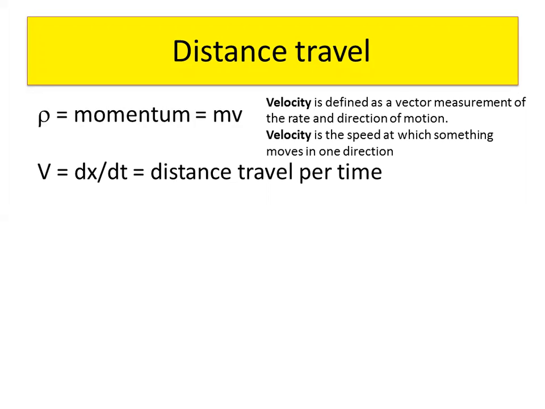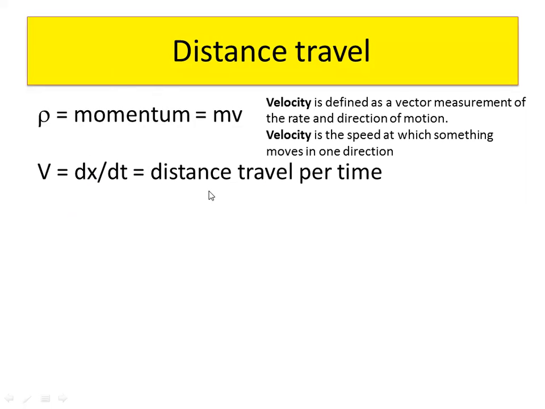Like I am starting at the 0 position, and I traveled, let's suppose, 1 kilometer. So what would be the distance traveled? It is 1 kilometer. And how much time am I going to take? Maybe it is 1 hour. So 1 kilometer per hour, that is called the rate simply. So this velocity is the change in the position or the distance traveled with respect to the change in time.